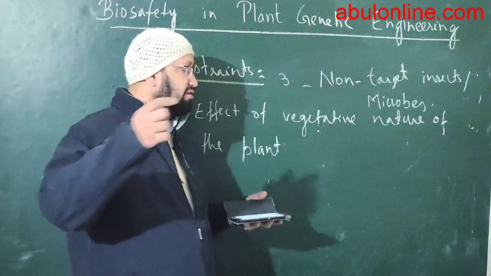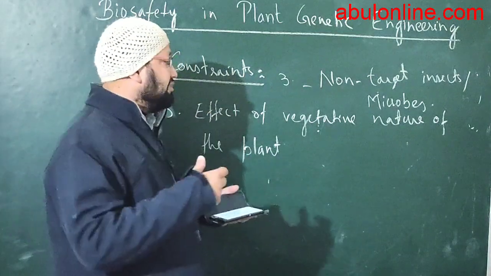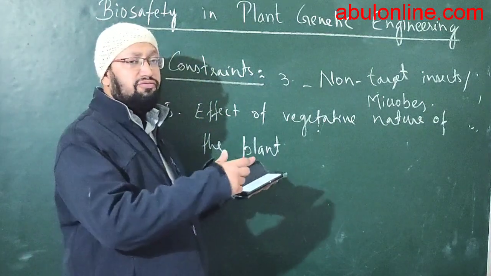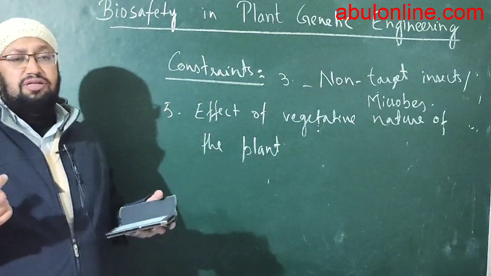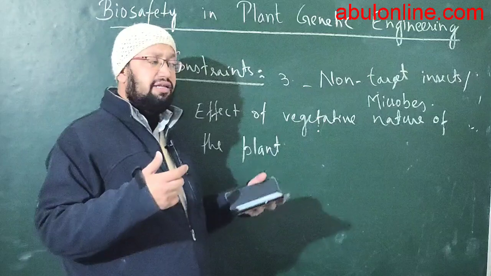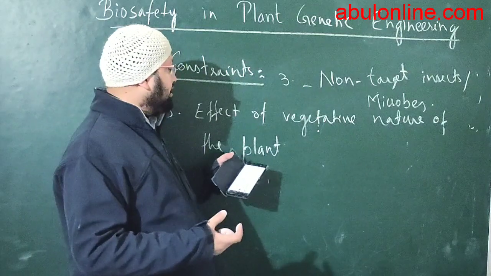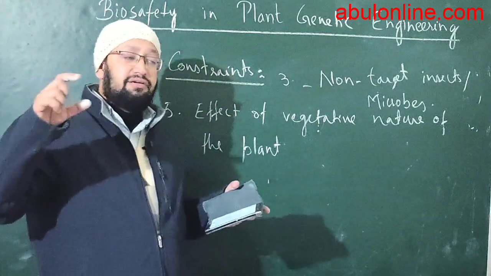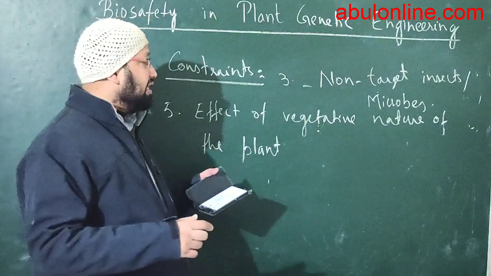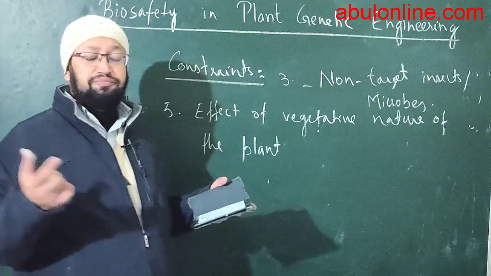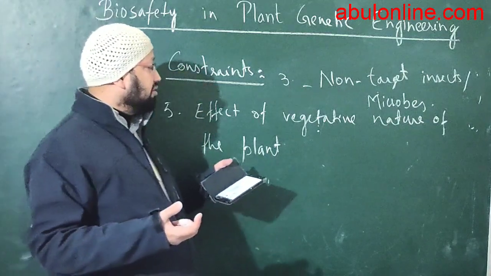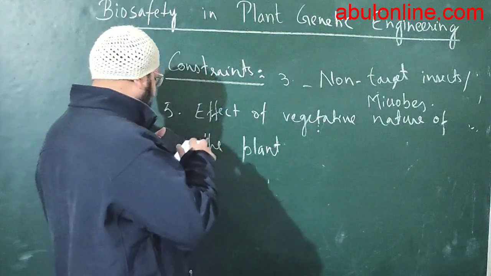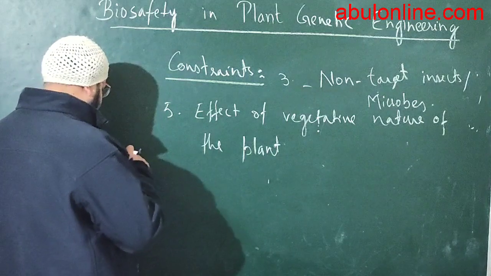So if we introduce a gene of interest that produces, for example, a particular protein from the animal source, or essential amino acids like lysine or certain other amino acids from the animal source, then it may change the vegetative nature of the plant. And the ethical issue here is whether a vegetarian person should or should not consume it, because of this ethical issue.